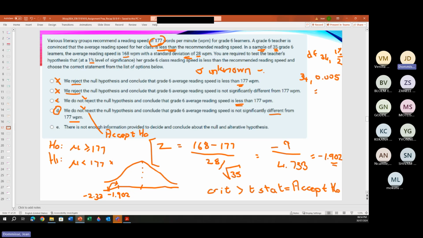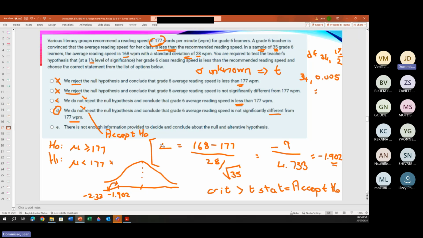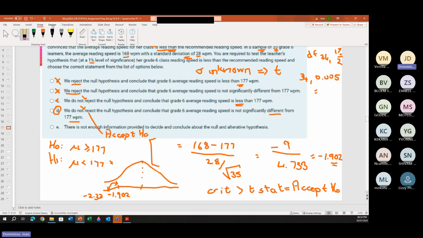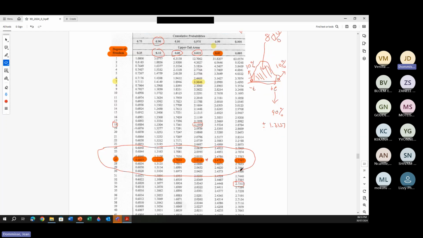Because it's unknown, we will use a T, so let's quickly change it, even though it is exactly the same formula. We got the T as minus 1,902. From the degrees of freedom and the alpha, we got the critical value, what did we say? It was 2,72.